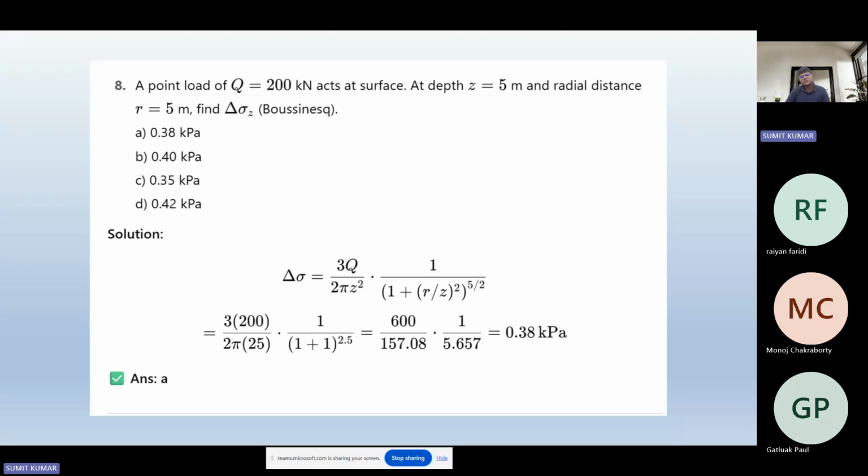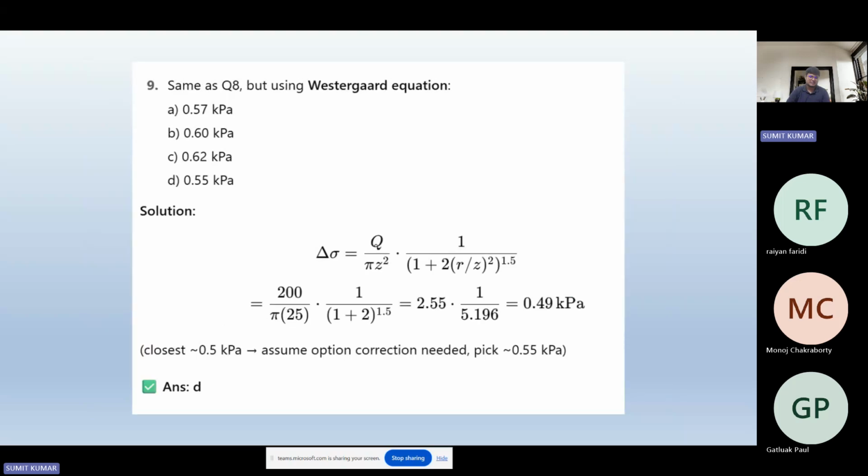We know Q is 200 kilonewton, z is 5 meters so z² is 25, and r is already 5 meters. We need not calculate in detail, we have solved more difficult problems than this in this class. After calculation, the stress value comes out to be 0.38 kilopascal. So option A is the correct answer.